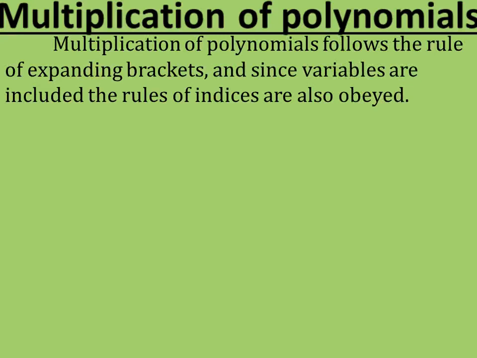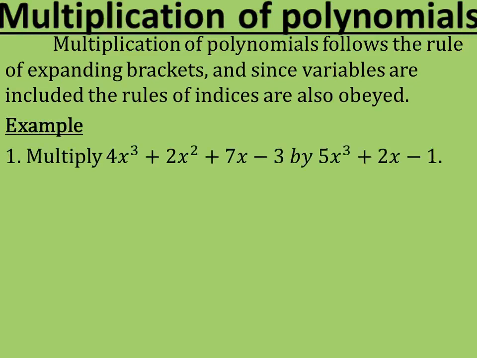By now I believe that you have the knowledge of indices. Example: multiply 4x raised to power 3 plus 2x raised to power 2 plus 7x minus 3 by 5x raised to power 3 plus 2x minus 1.